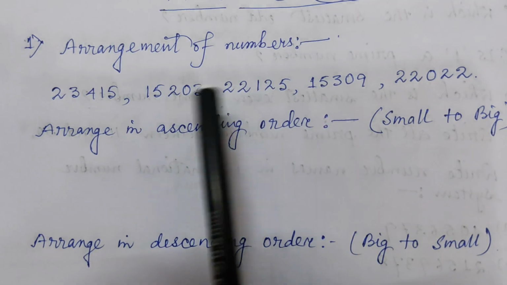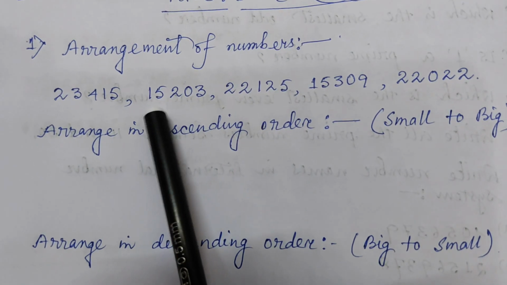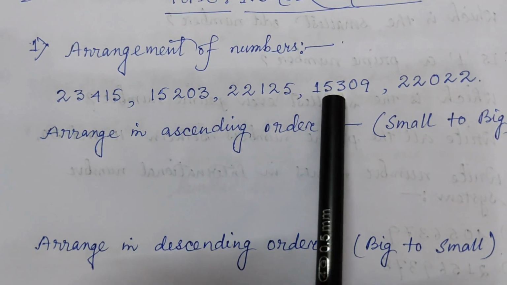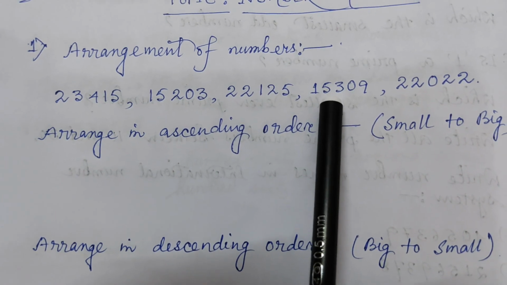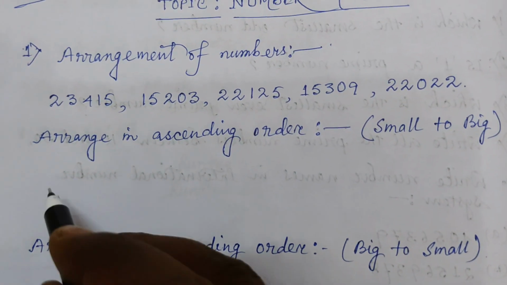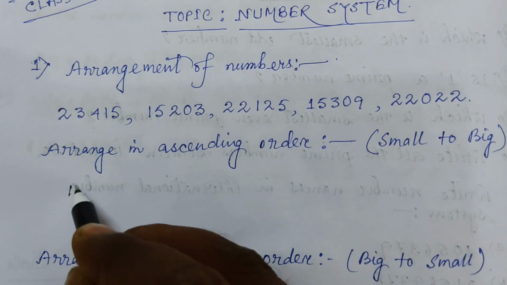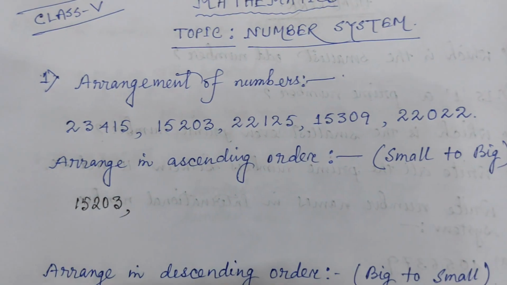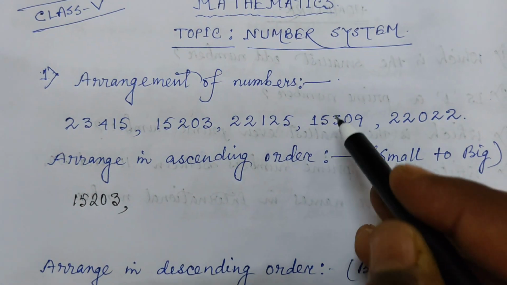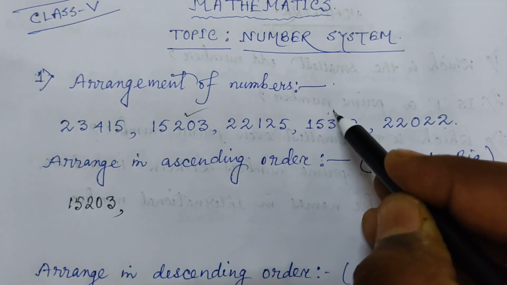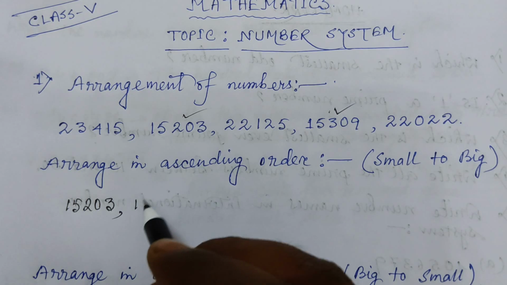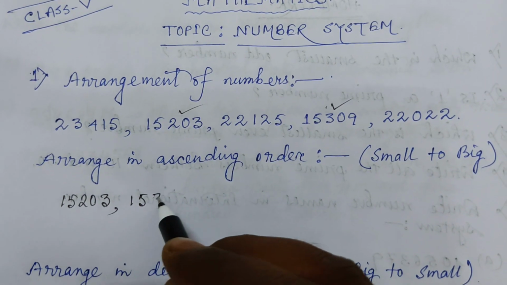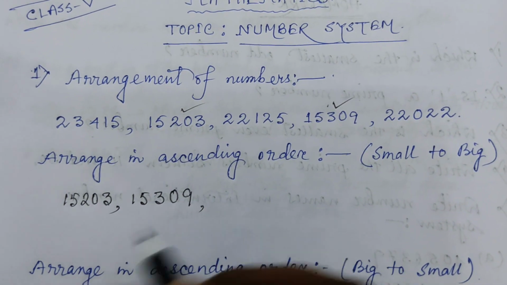So these two are 15,000. Now here 15,203 and here 15,309. So first of all 15,203. Next number, this is 15,309.